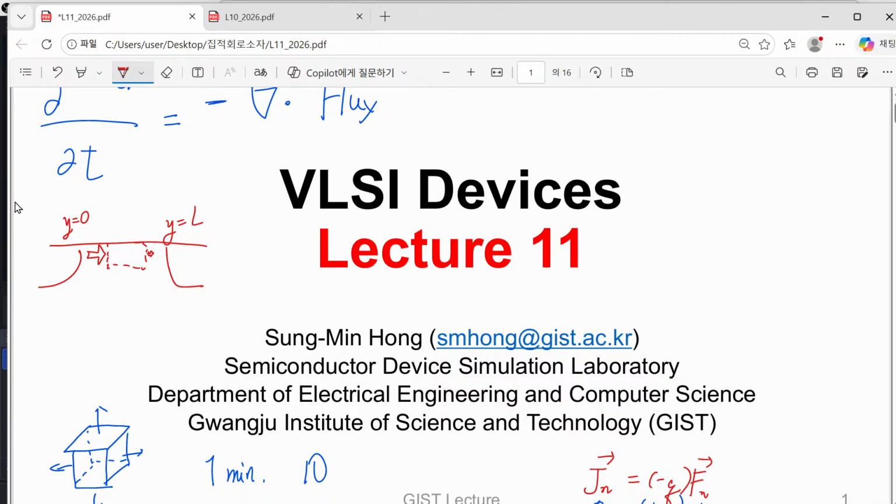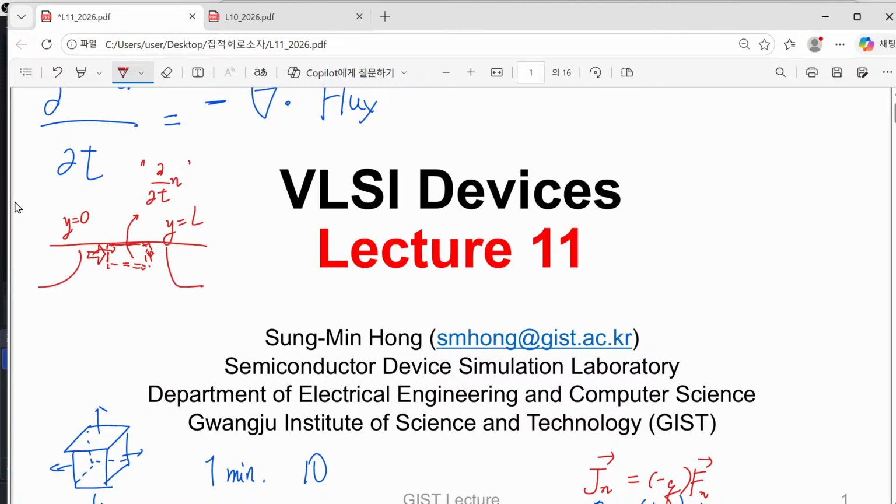More electrons are coming into this place and fewer electrons are escaping from this space. The number of electrons will increase and electrons will be accumulated. We will have a time varying number of electrons. But that is not allowed.